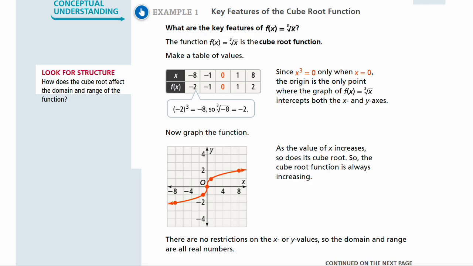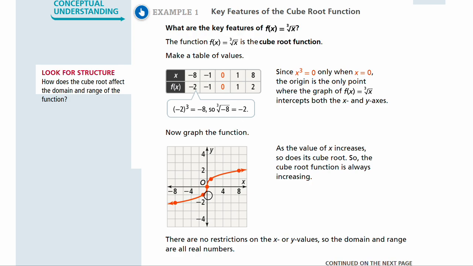So first we want to see the graph so that we can see the characteristics. So make a table of values, right? You can plug in the domain values one by one. When x is -8, you'll get -2 as an output. Input -1, output -1, input 0, output 0. So you can make a table of values, plugging in the numbers.